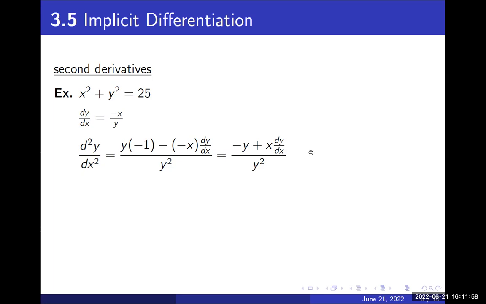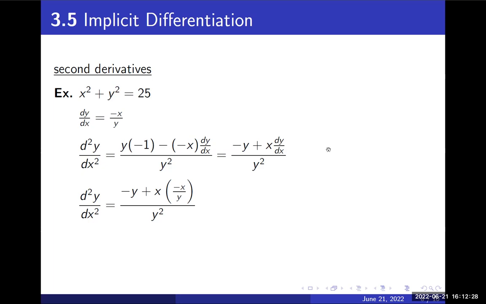Well, if you look closely, yeah, a dy over dx appears here, but we know that dy over dx is equal, in this case, to negative x over y. So we can substitute negative x over y in for that first derivative, simply replacing it. And then we can continue simplifying, and eventually we'll have the second derivative in terms of just x's and y's.